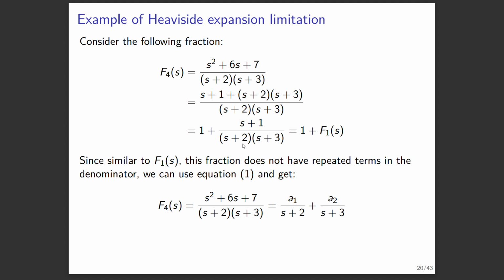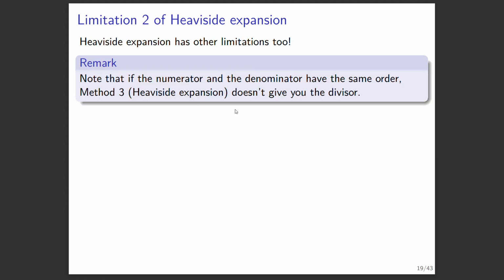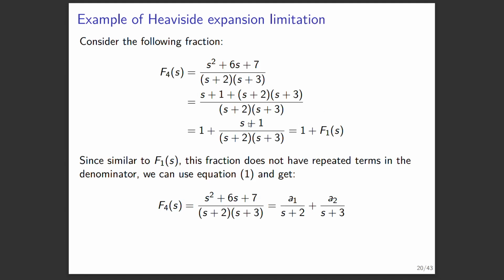let's mistakenly apply partial fraction expansion, or Heaviside method, directly to this. As we said on the previous slide, one of the limitations of Heaviside expansion is that it doesn't give you the divisor. So if I directly apply Heaviside expansion to this, it's not going to give me this divisor. It's going to give me a wrong answer.